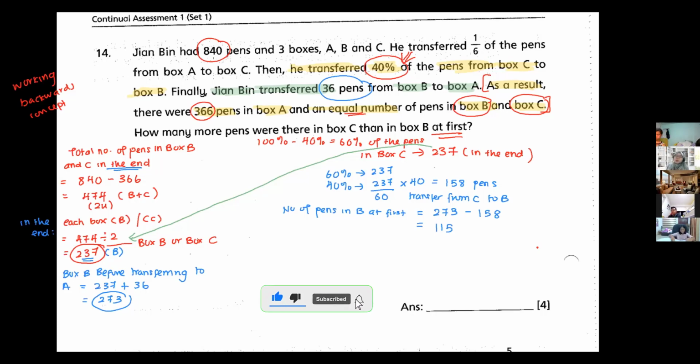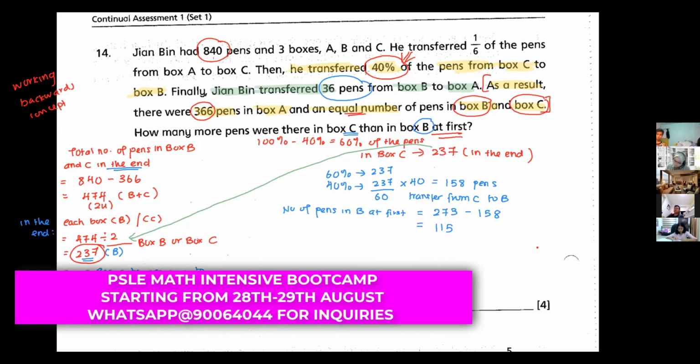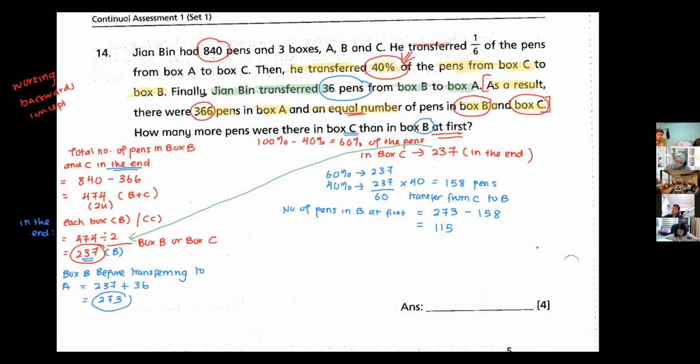Do I stop there? No, because I'm not done yet. I have my B, but I don't have a complete C yet. So we go backwards again, and you look that he transferred 1/6 of the pens from A to C. Now we have that clue there. We work with that.